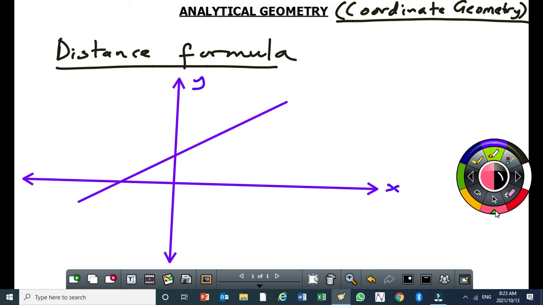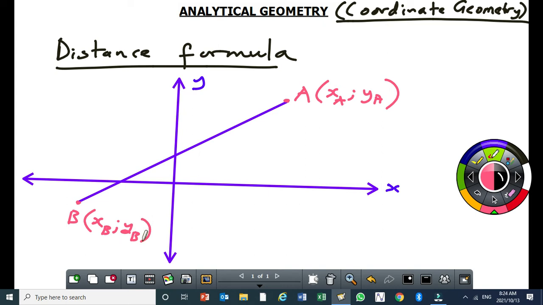So you'll be given coordinates. Let me call that point A, where you know an x value, which I'll call XA, and a y value, which I'll call YA. Okay? So we have got point A there. Then we have point B here, whereby we know the x value is XB, the y value is YB.